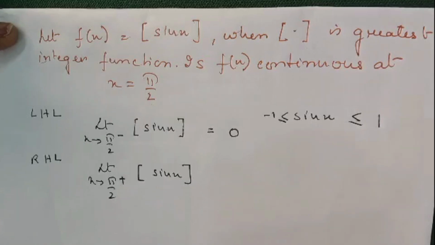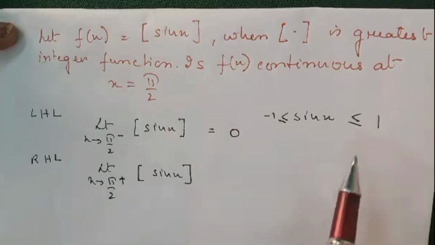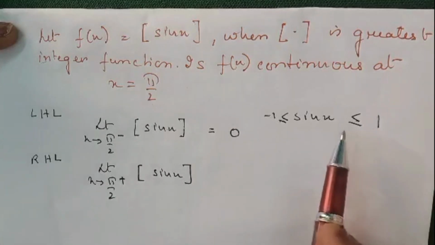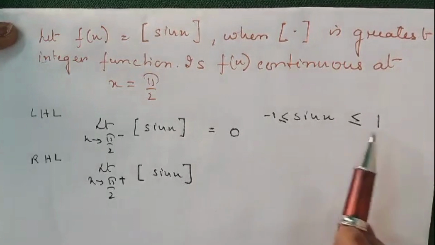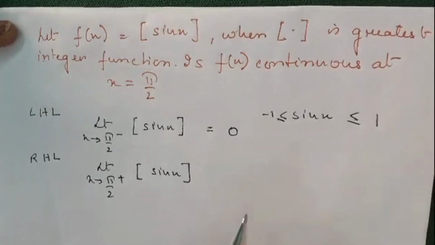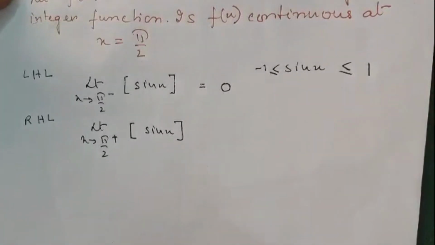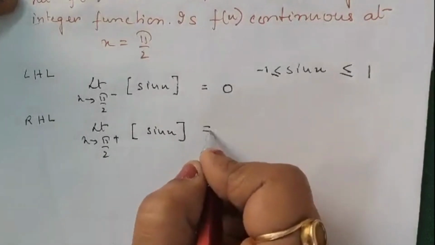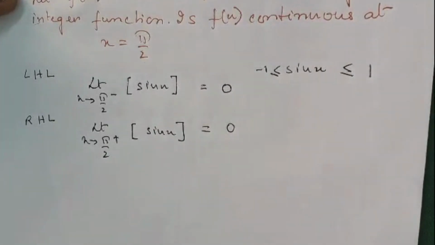The value of sin x when x is slightly greater than pi by 2 will again be slightly less than 1, because the value of sin x always lies between -1 and +1. So in that case again its box value will be 0.